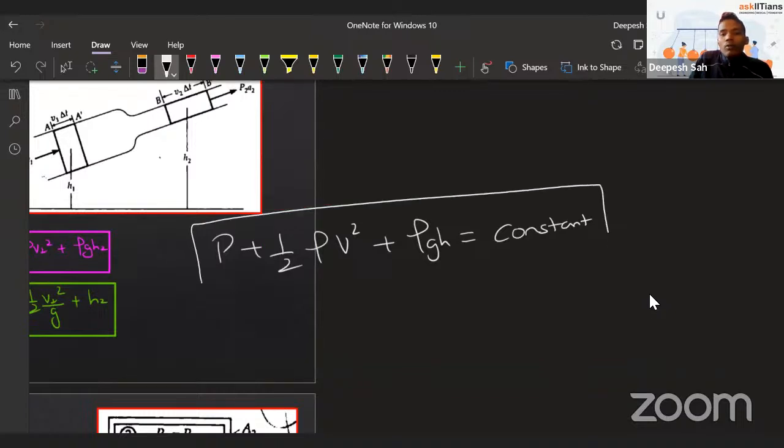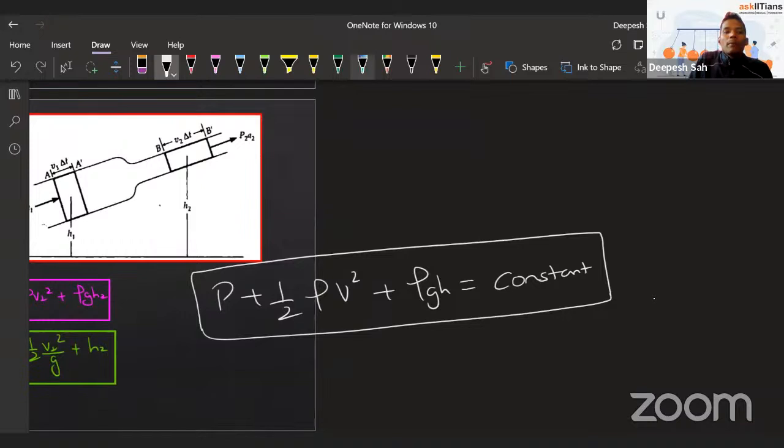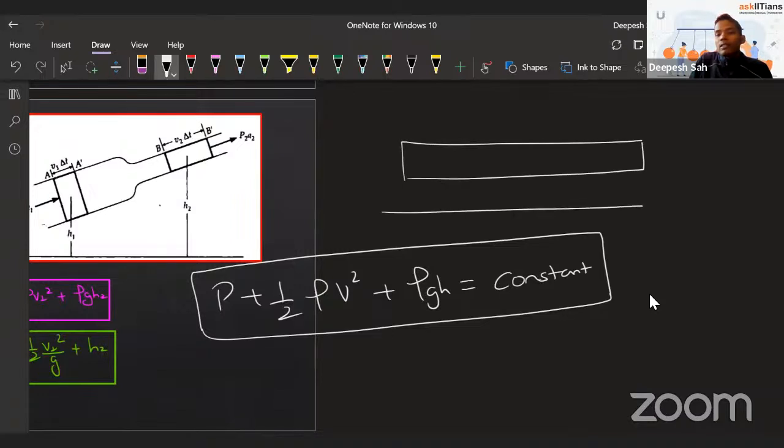Now, why am I rewriting this equation? Imagine I don't have a pipe like this. I have a horizontal pipe. Horizontal pipe means that if this is the ground level, this end is at a height of h, and this end is also at a height of h.